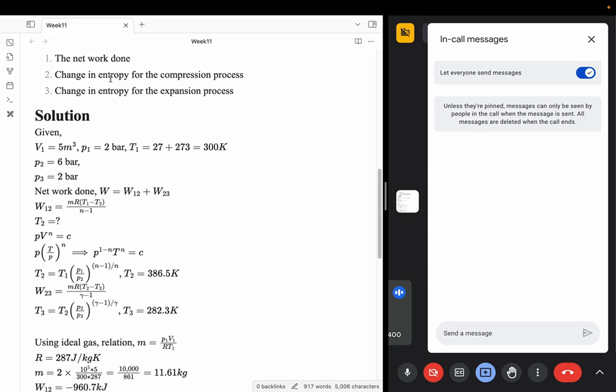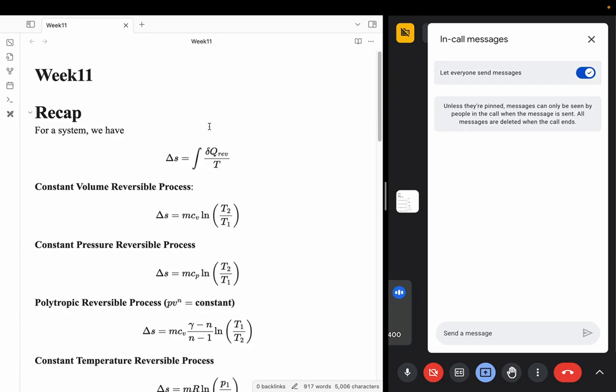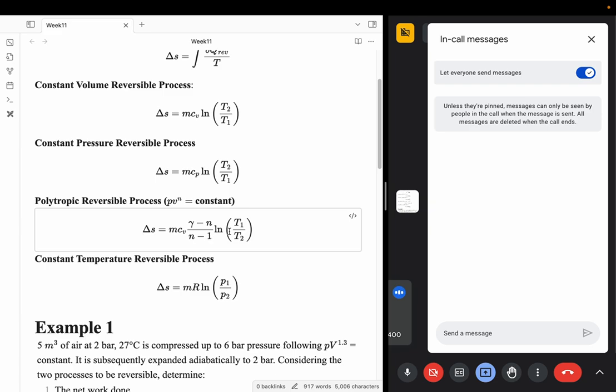Now, how do I calculate the entropy for the first process? The first one is a polytropic compression process. We have already derived the relation last week. So this is the relation. So we know m, we know gamma, we know n. Gamma, you can take it as 1.4. n is given as 1.3. We know T1 and T2. So how do I calculate Cv?